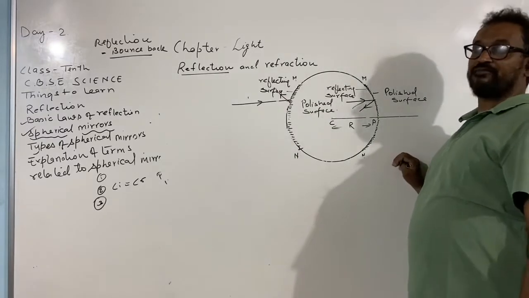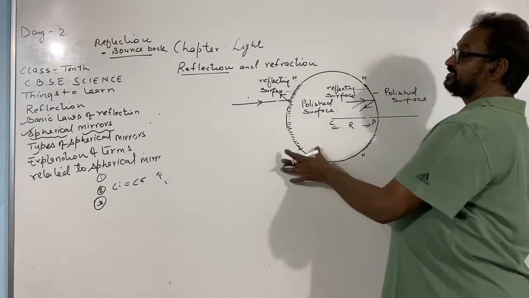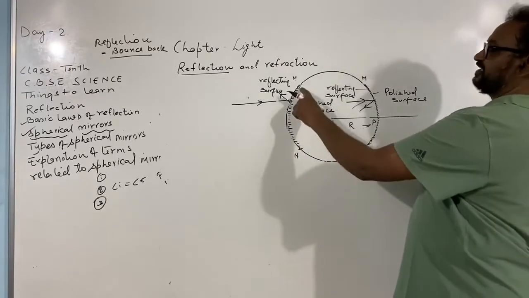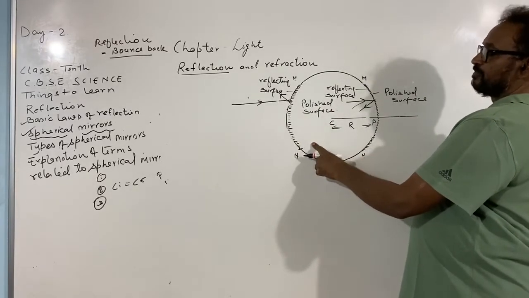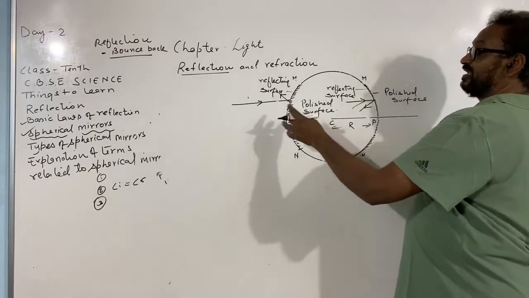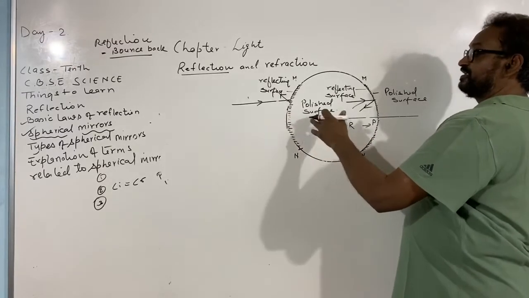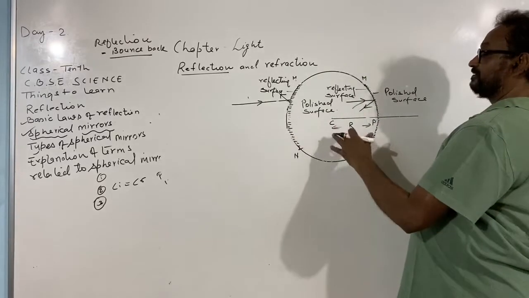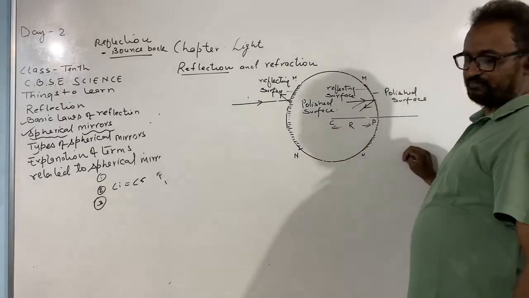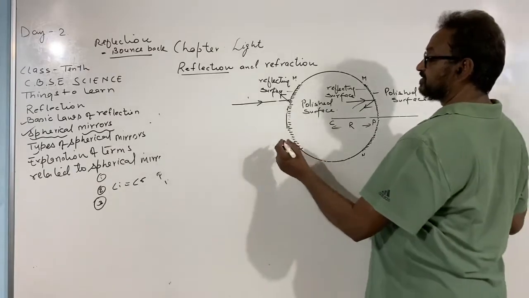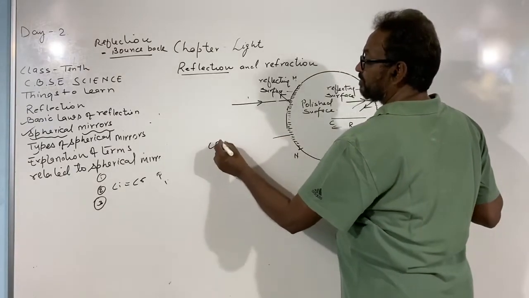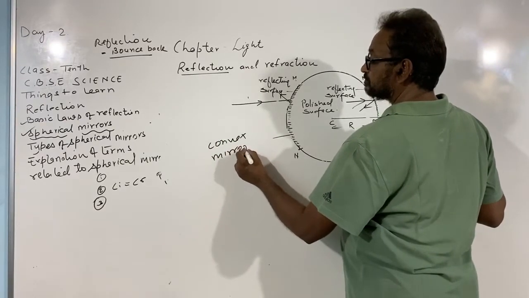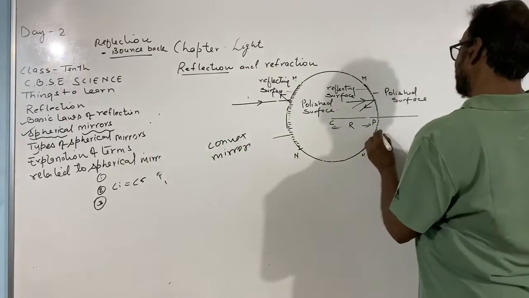So what is a spherical mirror? A spherical mirror is a part of a hollow sphere whose one surface is silver polished, so that the reflection of light takes place through the other surface. Obviously, you can see there are two types of spherical mirrors, namely convex mirror and concave mirror.